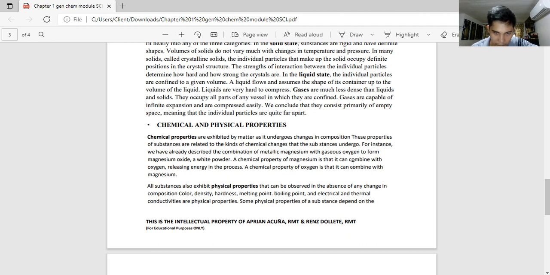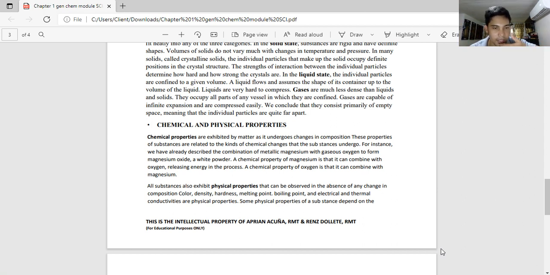A chemical property of magnesium is that it can combine with oxygen, releasing energy in the process. A chemical property of oxygen is that it can combine with magnesium, so vice versa.